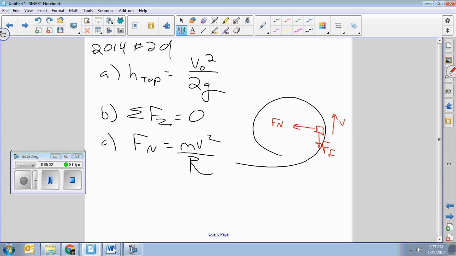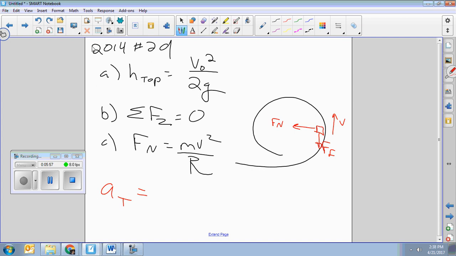For us, it's going to translate to how quickly it's slowing down. We're worried about the change in speed, not the change in direction. The radial acceleration is a measure of how quickly it's changing direction. Follow?